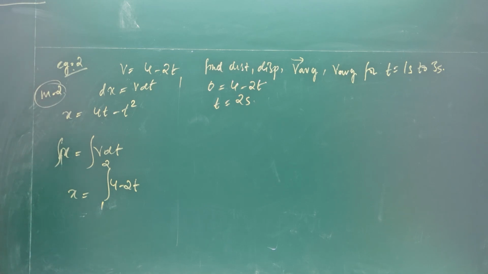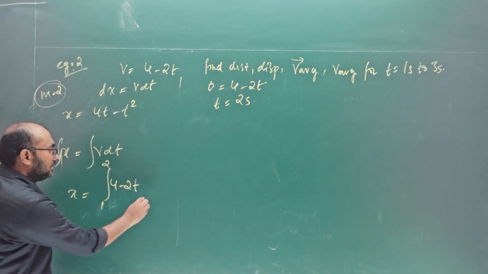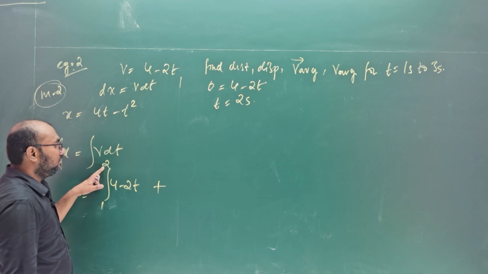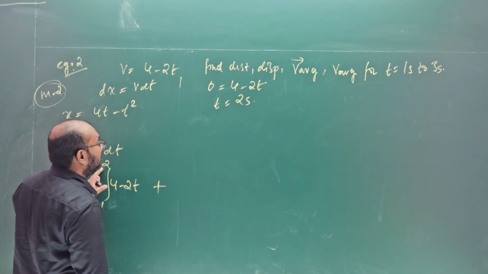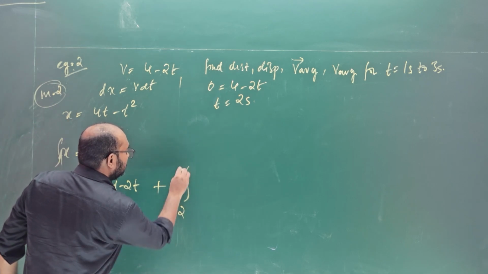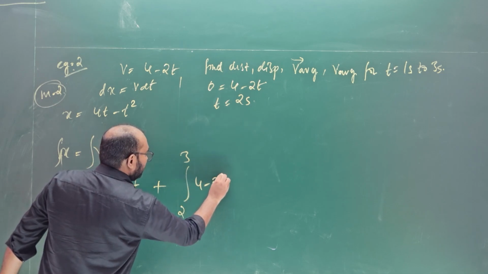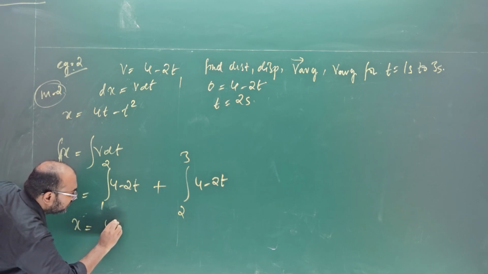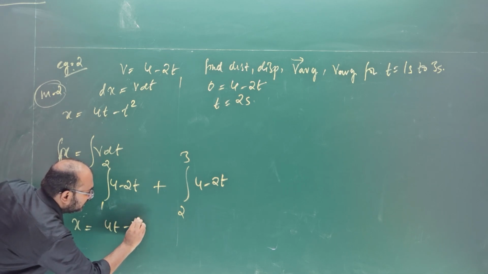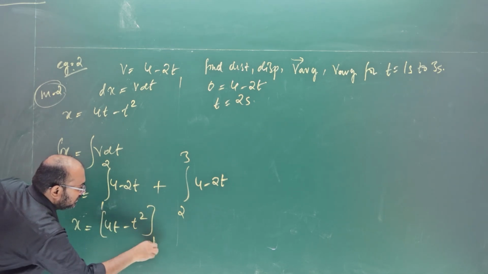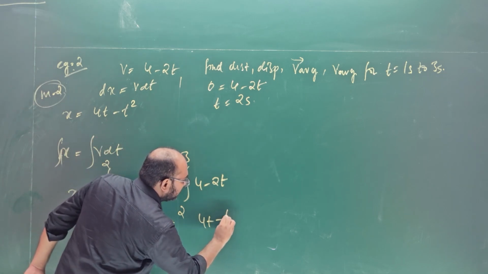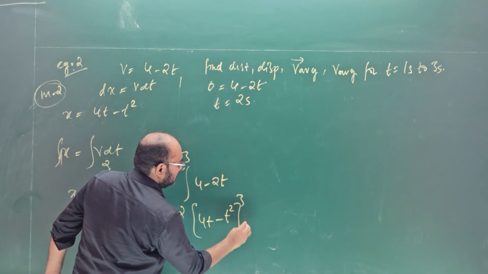Why? They asked only for the time period of 1 second to 3 seconds. Then plus, and why only 2? Why not 3? Velocity is getting 0 at 2 seconds. Then from 2 to 3, 4 minus 2t. So x is equal to 4t minus t square from 1 to 2, plus the same, 4t minus t square from 2 to 3.